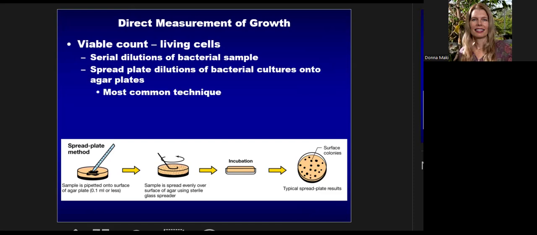Spread plate dilutions, doing a dilution scheme and then spread plating, is very, very common. You see this in the published literature as a way to estimate population sizes of your sample. As you said earlier, 30 to 300 is what we're going for. Those are plates that have good solid data to do statistics on.